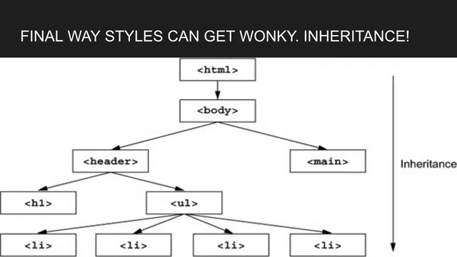So if you give the body tag a color of green, then all your text, even all its children in the header, in the H1, in the main, whatever's text is also going to inherit the color green. Or if you give it a font family of serif, then all your elements that are text-based are going to inherit that font family of serif. Does that make sense for everybody?